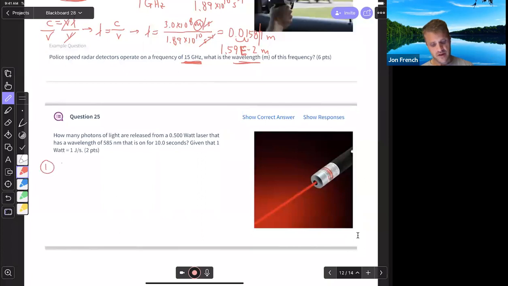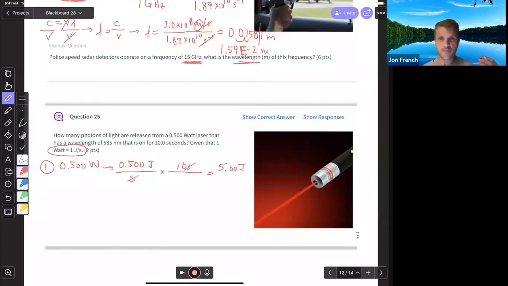first things first, we've got a 0.5 watt laser, which we know is 0.5 joules per second. They tell us that 1 watt is 1 joule per second. And we run this laser for 10 seconds, so we're going to release a total of 5 joules.